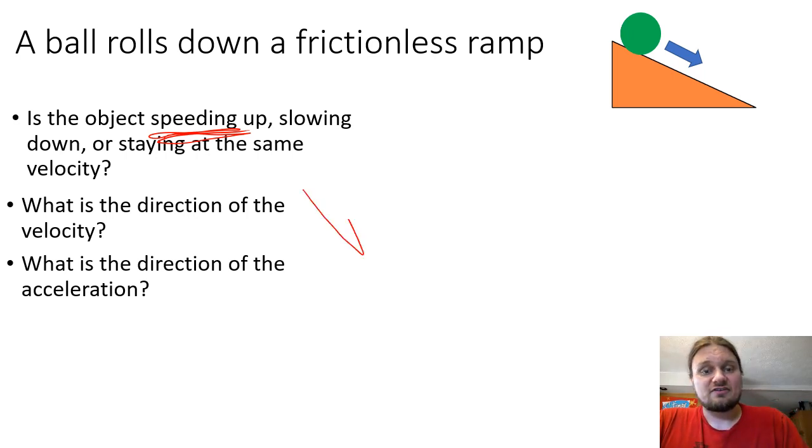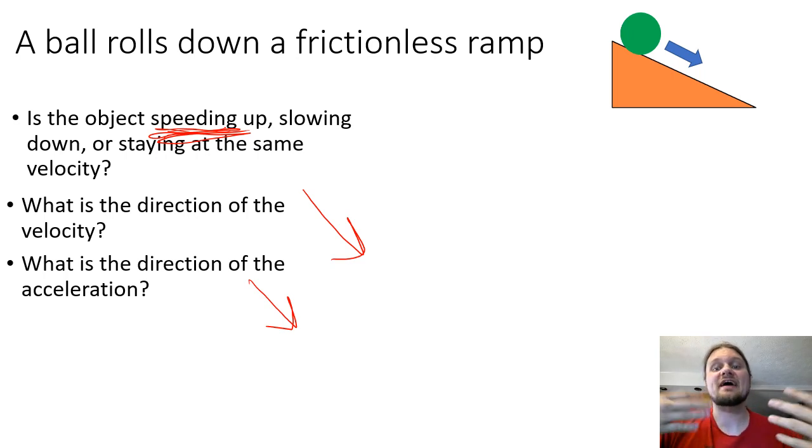In this case, if I look at the picture, down and to the right. For the direction of the acceleration, I have to look at speeding up, slowing down, or the same velocity. It's speeding up, and if an object is speeding up, that means the acceleration points in the same direction as the velocity. You can think of it as the acceleration helping out the velocity. It's giving it a boost.